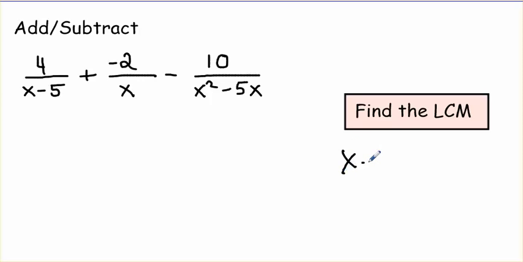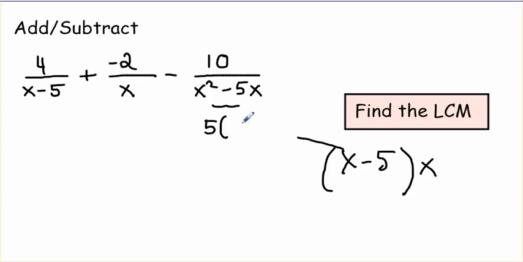I've got an x minus 5. That's got to be part of it. I've got an x. And then this denominator right here, I could rewrite as x times x minus 5. So then I've already got those factors in there.